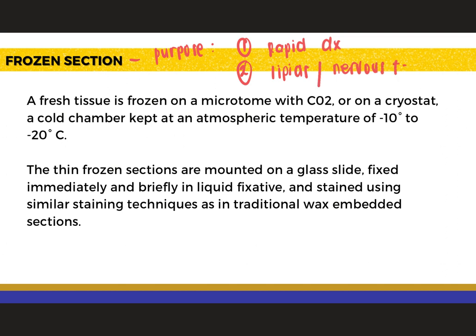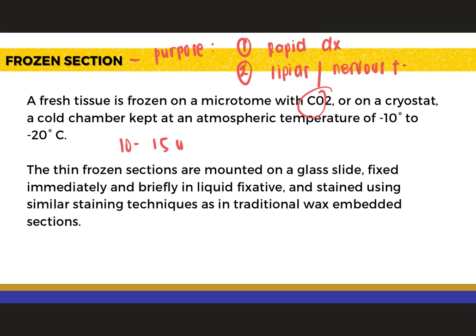As for the method, it makes use of very thin slices, between 10 to 15 micrometers, cut from a fresh tissue frozen on a microtome with CO2 or on a cryostat. Again, we already mentioned what a cryostat is.